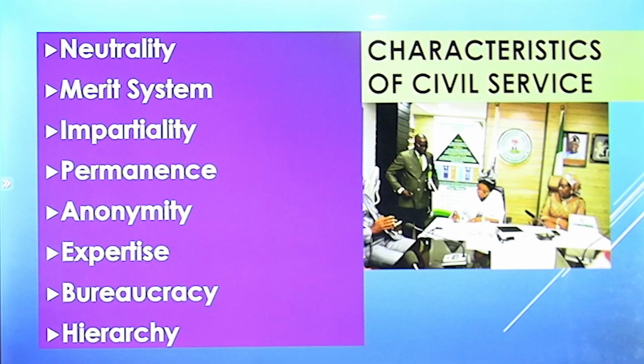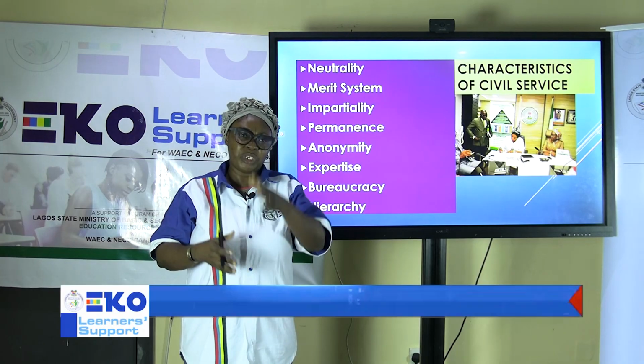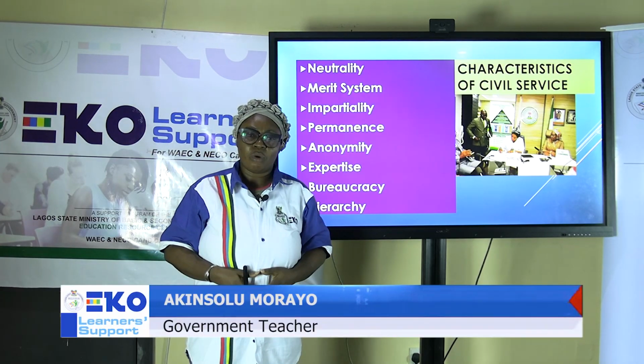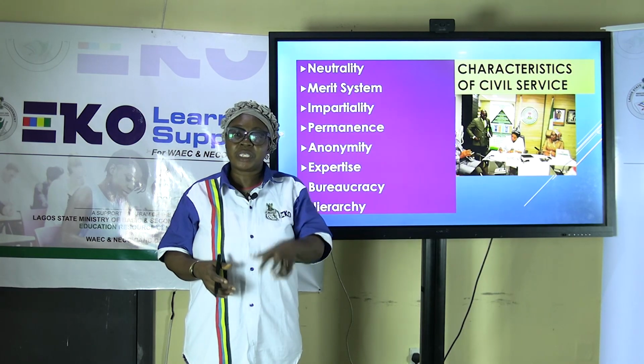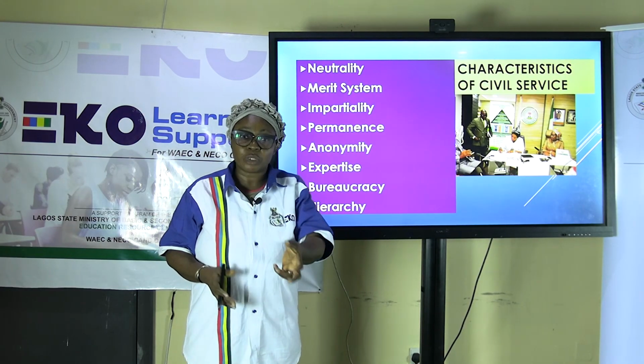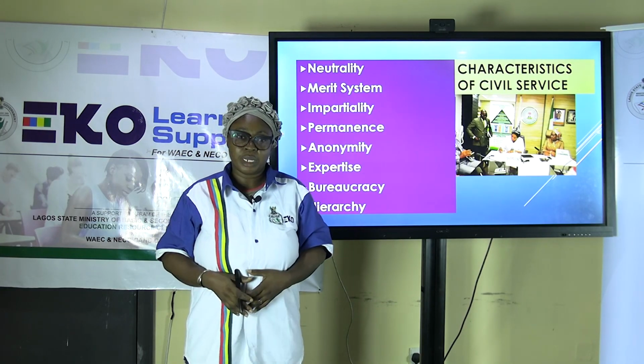And also, we have what we call anonymity. It means that the political head, who is known as the minister or the commissioner, is the one to receive the blames and the praise of his or her own department, that is, his own ministry, not the civil servants.